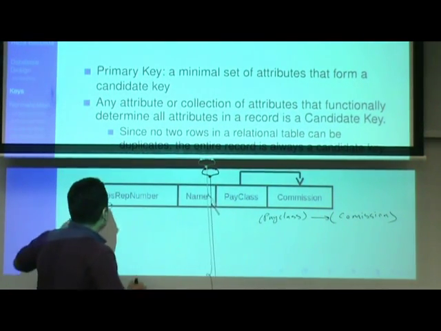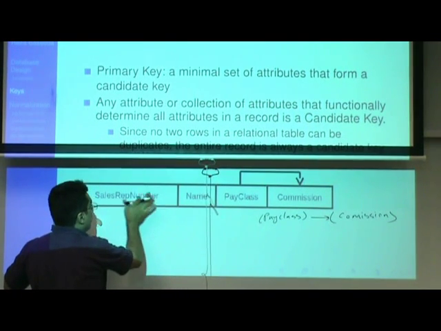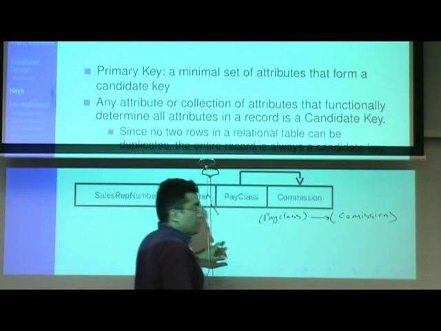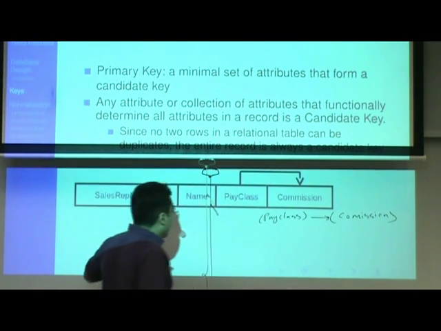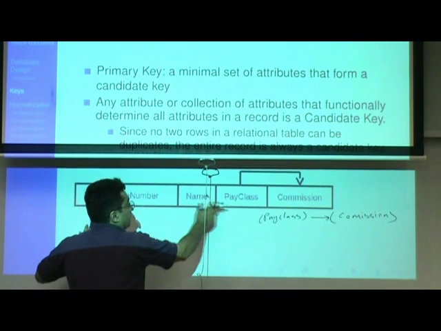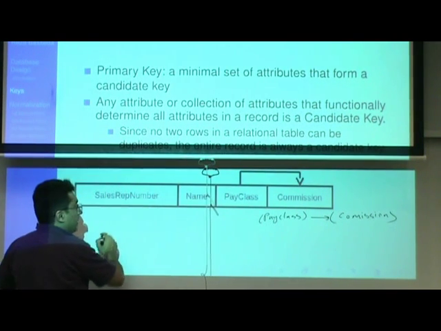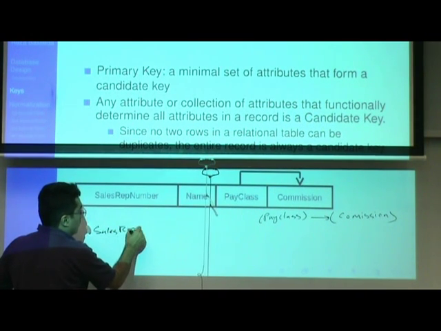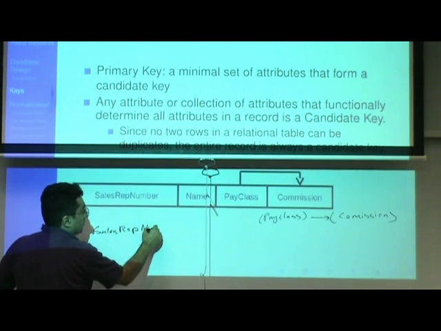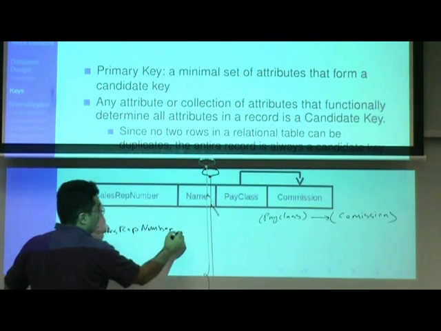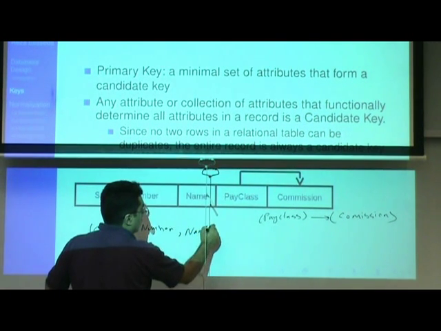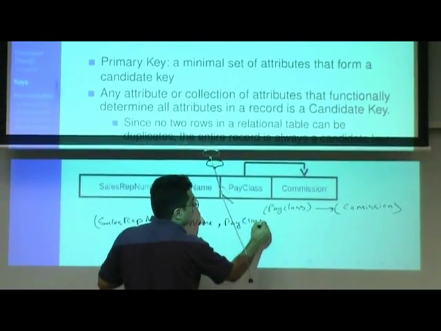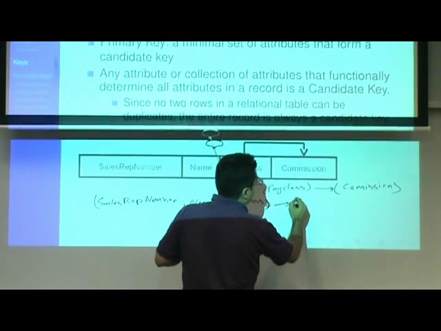For example, here, if the key of this table is sales number and name, and if we put the constraint that the pay class for each person is unique, then the key will be all of these three, okay? Then based on sales number, name, and pay class, you can decide about pay class.